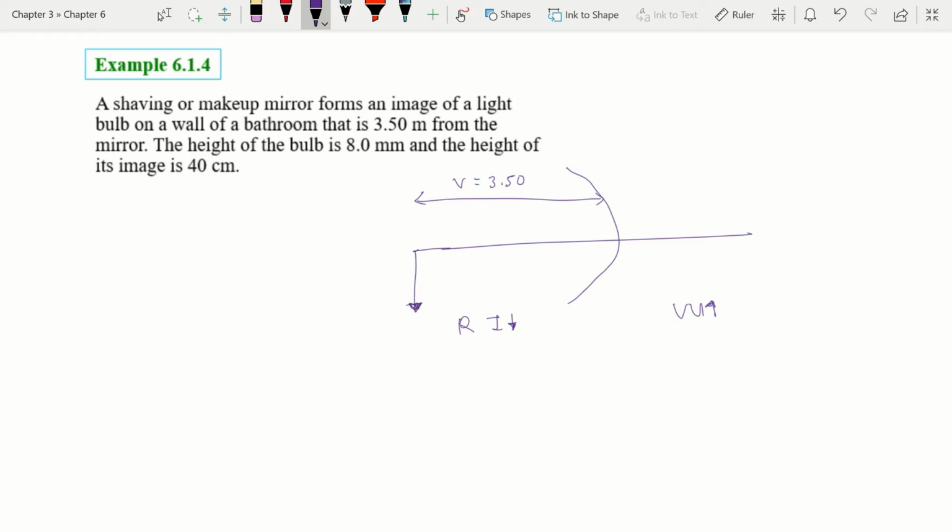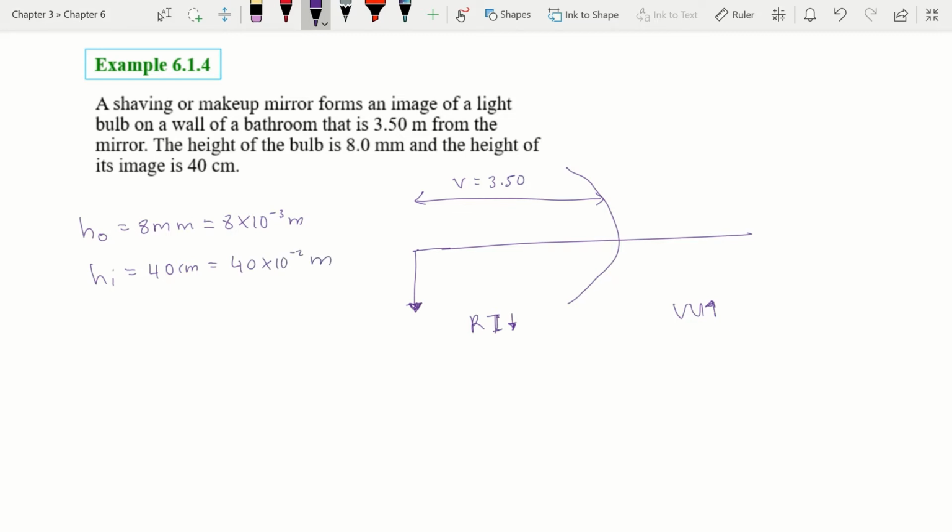Okay, the height of the bulb is 8 millimeter. So height of the object is 8 millimeter, which is 8 times 10 to the power of negative 3 meter. And the height of the image is 40 centimeter, which means 40 times 10 to the power of negative 2 meter.